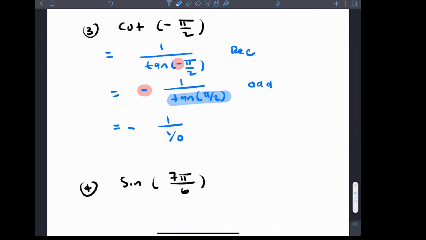Is that true? What do I do with this? That's 0?